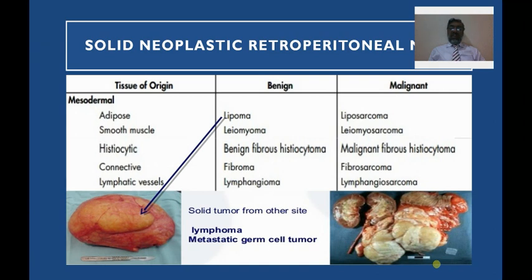And there are benign and malignant varieties of these conditions. Among benign are lipoma, leiomyoma, benign fibrous histiocytoma, fibroma, lymphangioma. And their malignant varieties are liposarcoma, leiomyosarcoma, malignant fibrous histiocytoma, fibrosarcoma, and lymphangiosarcoma.